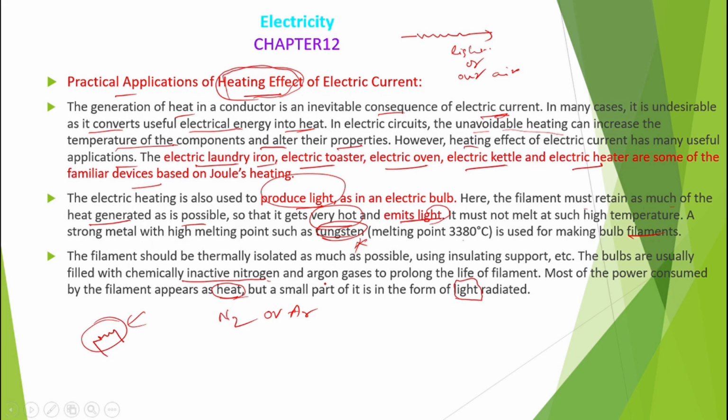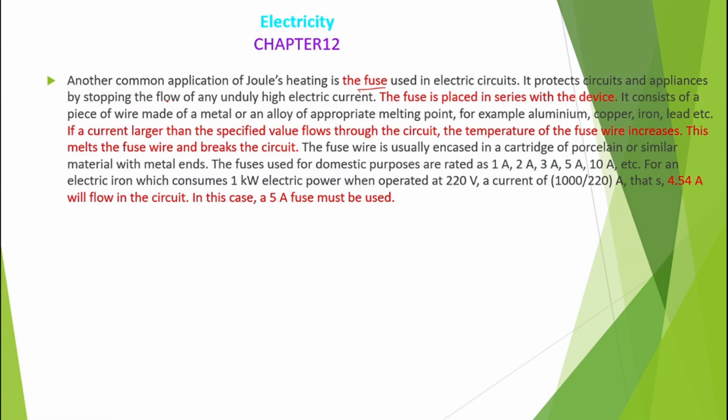Next, another common application of Joule's heating is the fuse. Already I told, used in electric circuits. Inside your houses, one board will be there. There you can see the fuse. It protects circuits and appliances by stopping the flow of any unduly high electric current. That fuse is placed in series with the device.